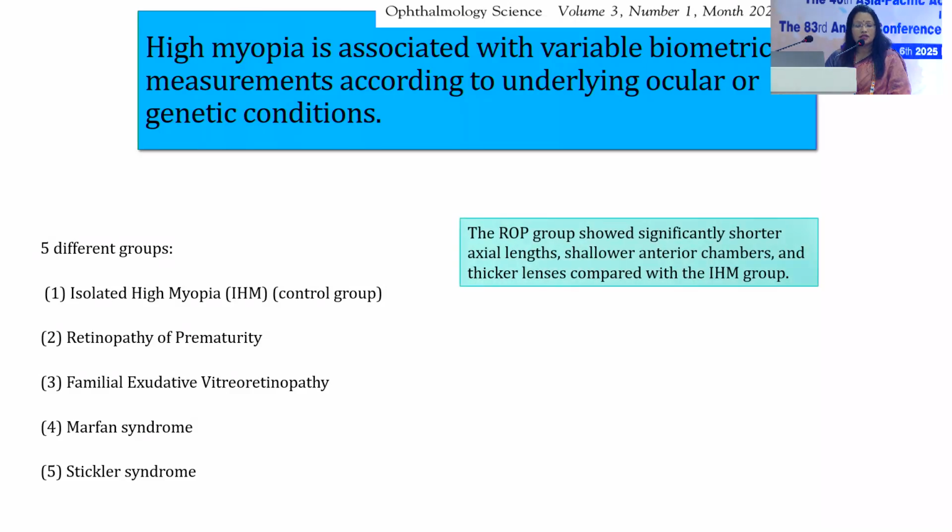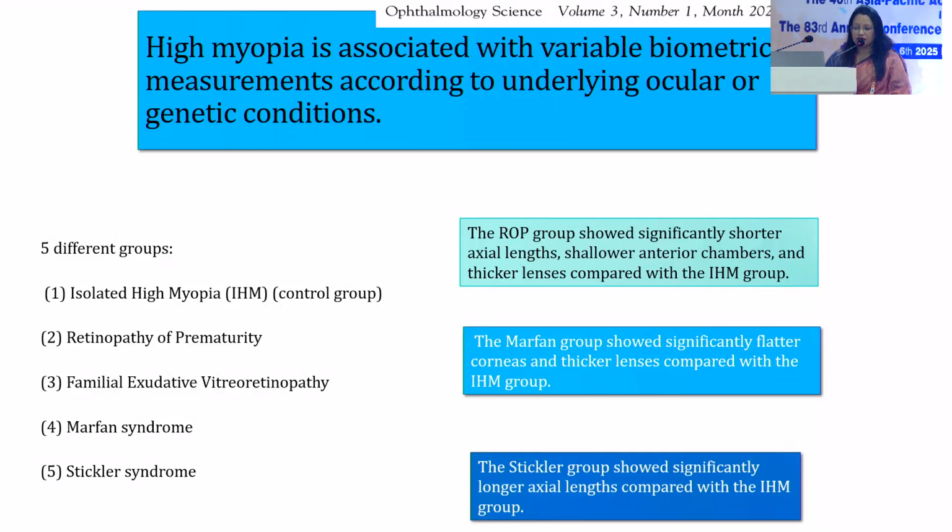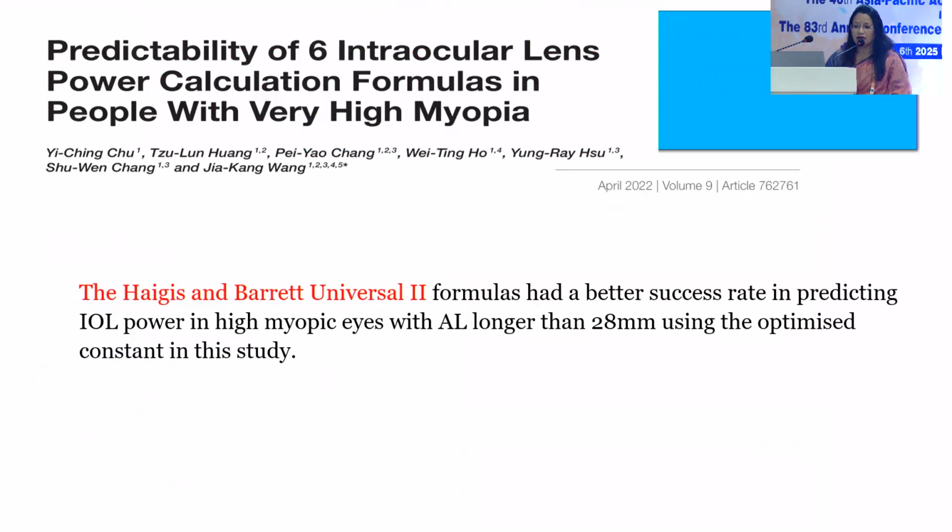In the ROP group, they show significantly shorter axial length despite being myopic. Similarly, in the Marfan's group, there are significantly flatter corneas despite being myopic. And the Stickler syndrome group have longer axial length compared with inherited myopias. So we need to keep these points in mind while we are calculating the IOL power.